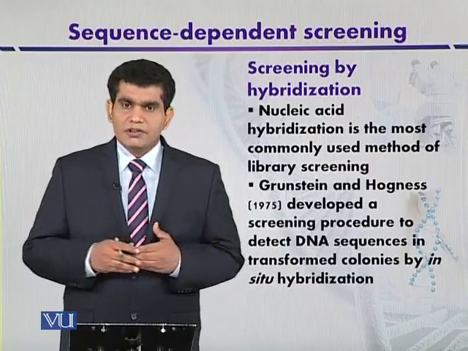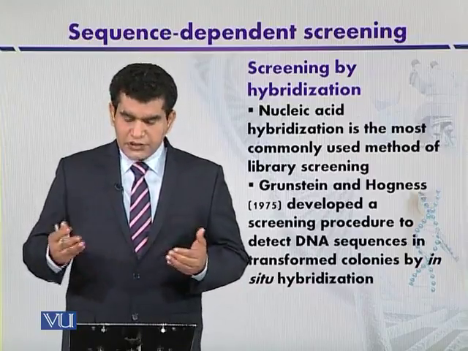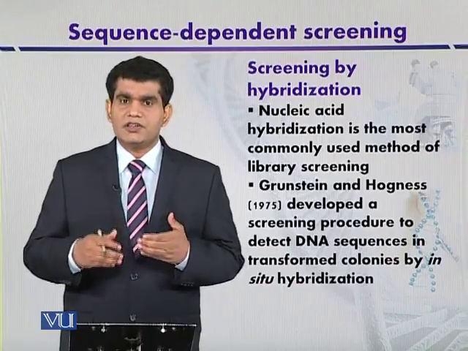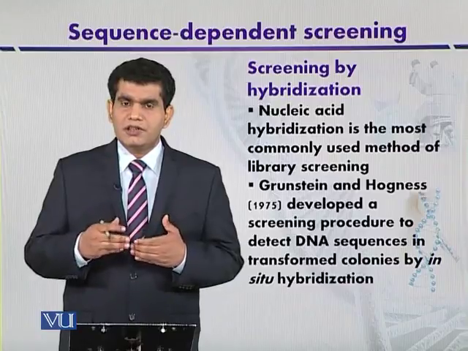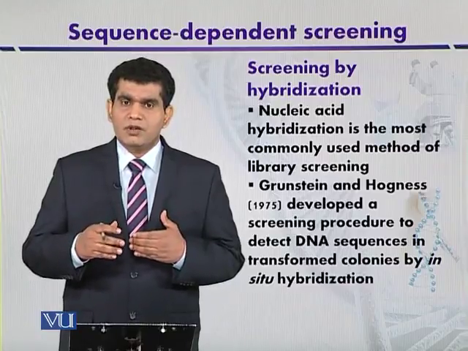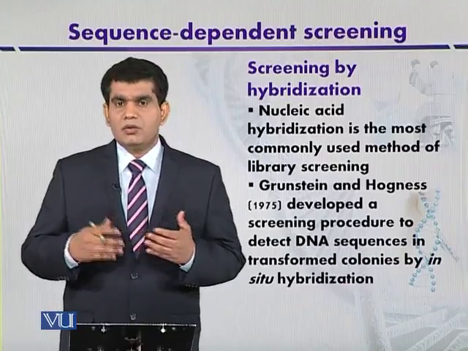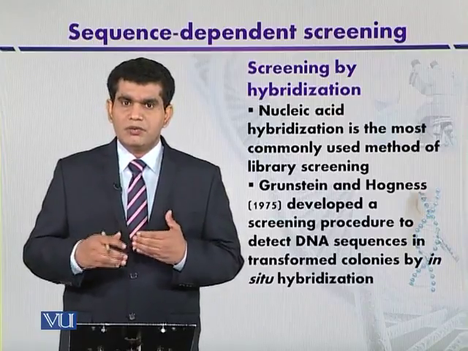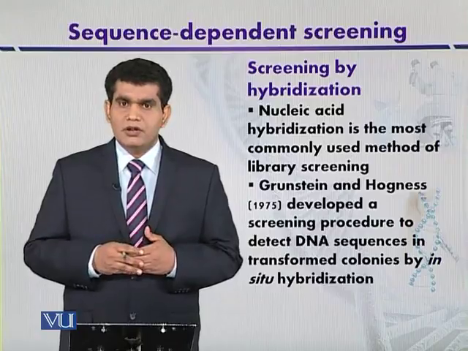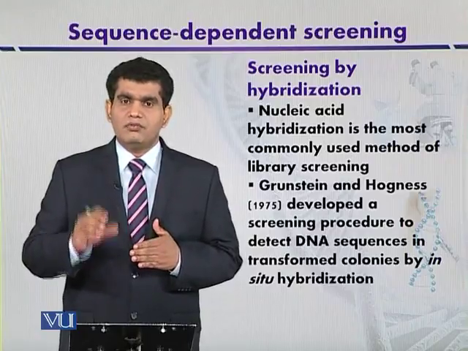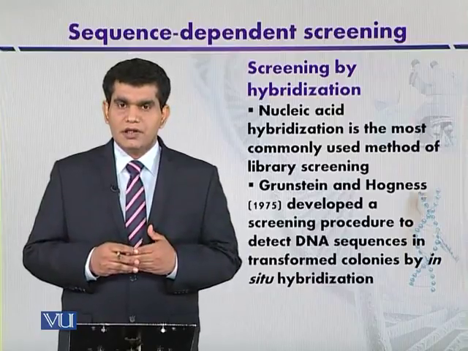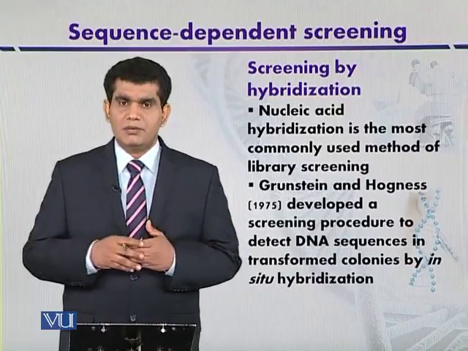A few co-workers, Grunstein and Hogness, in 1975, devised a method to detect in situ DNA cloned fragments. So in situ hybridization was used by Grunstein and Hogness to detect a particular clone from the population of recombinant DNA or from the gene library.